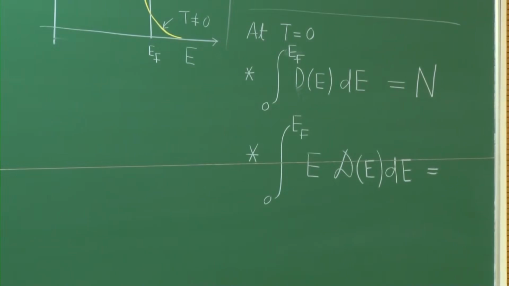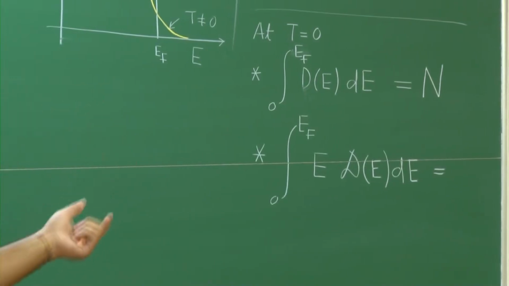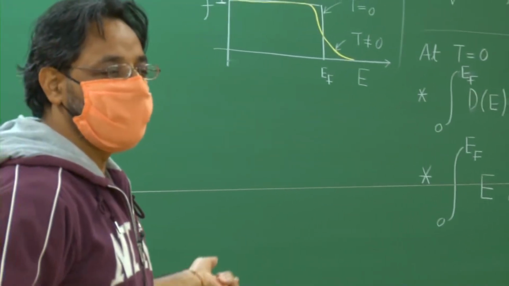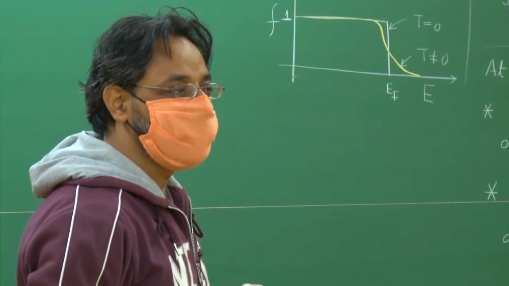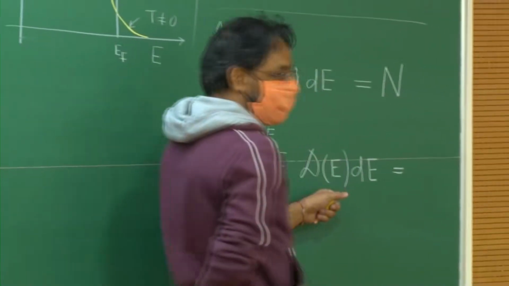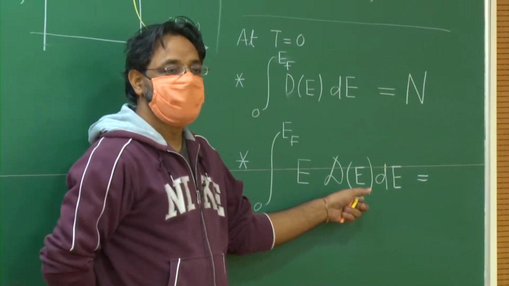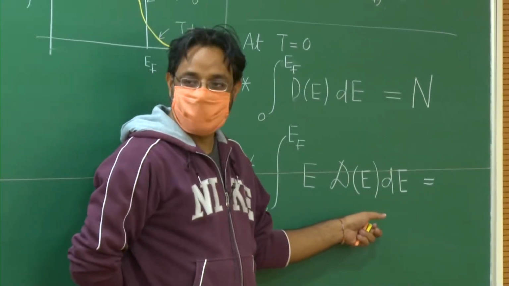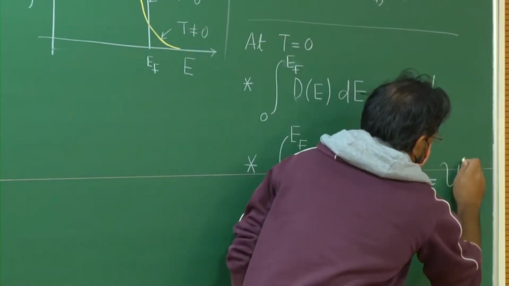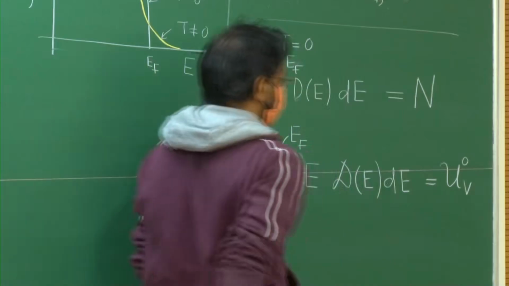What is your system? The electron gas. So say that the ground state energy of the electron gas is U0, right? And because the density of states, the way it is defined, is the number of states per unit volume, this will be the ground state energy per unit volume, which means it will be U0 over V.